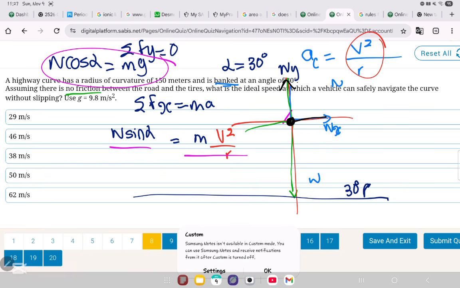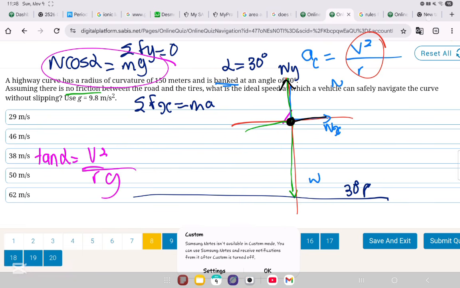So n sine alpha over n cosine alpha equals ma over mg. N over n, 1. Sine over cosine, tangent. So tangent alpha is equal to, m and m cancel, v squared over r divided by g, or times 1 over g. So basically v squared over rg.